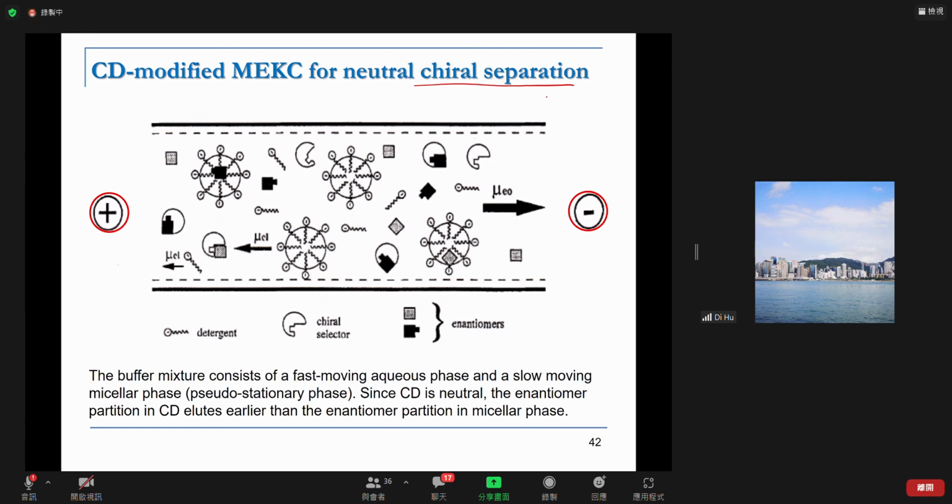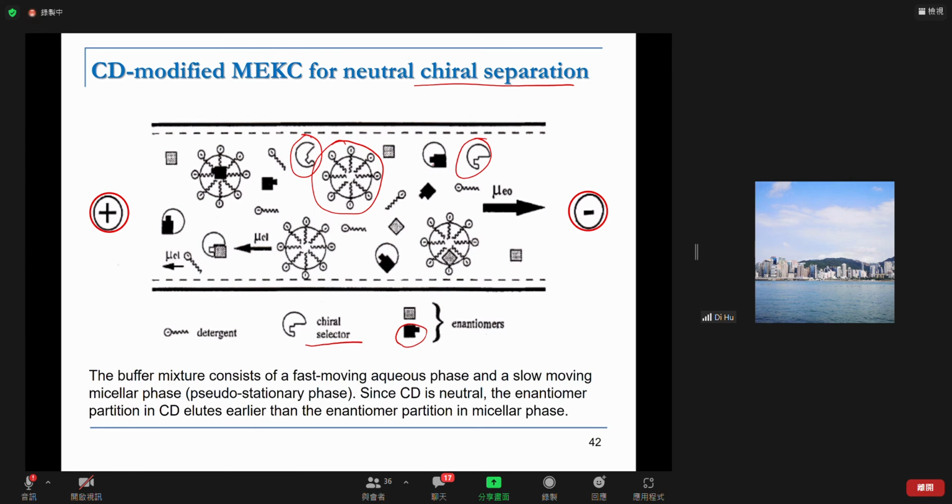So now you still have the micelle here, and then this is your CD, the chiral selector, which is neutral. And this is your compound. Those compounds can partition into the hydrophobic center, and only certain ones, the enantiomers of this shape, can get into the CD.